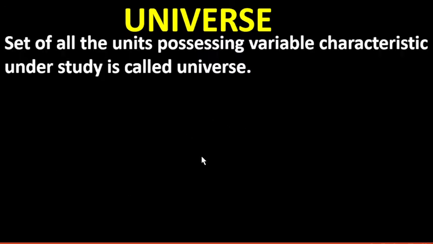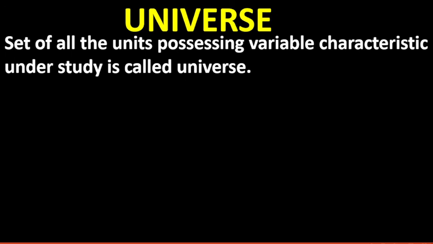Now we see the meaning of universe and population. On the basis of the entire discussion, we can say that the set of all units possessing the variable characteristic under study is called the universe. The findings of the research may or may not be applied on all such units.